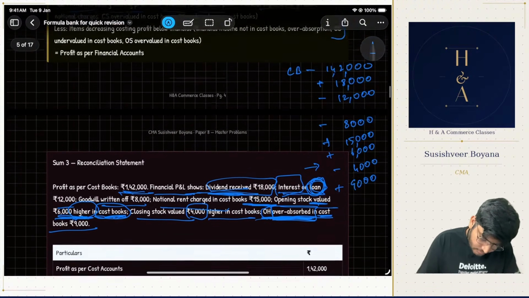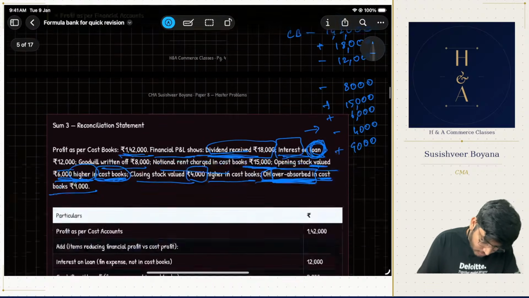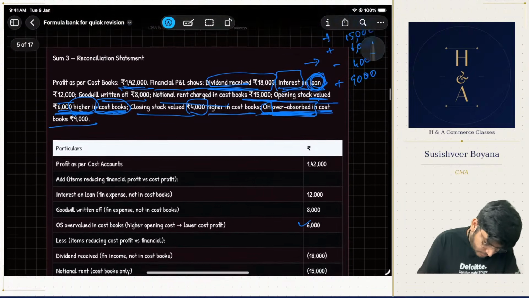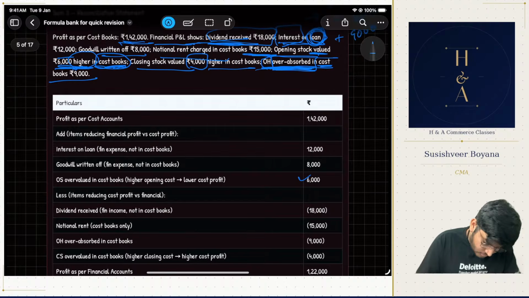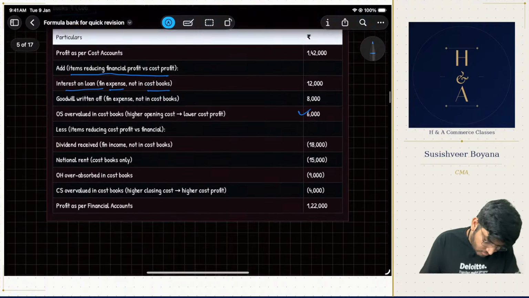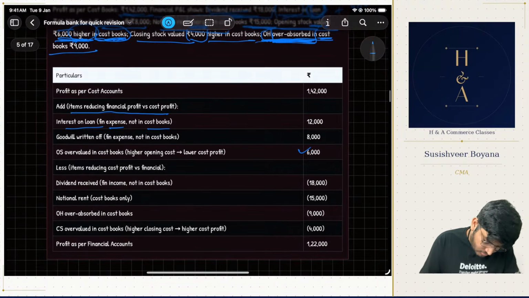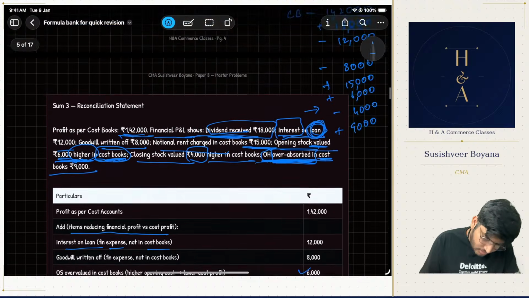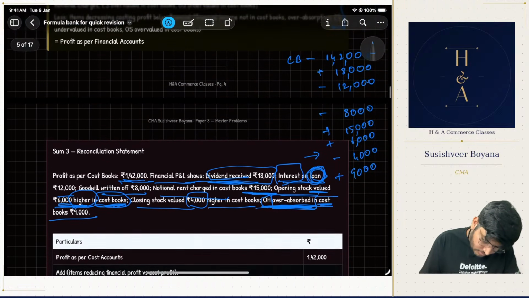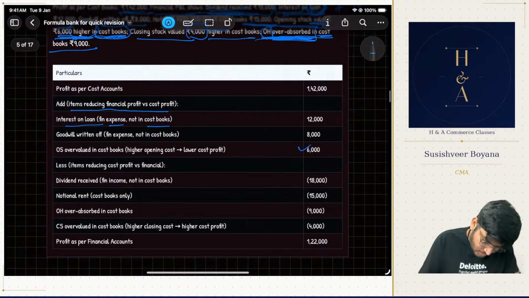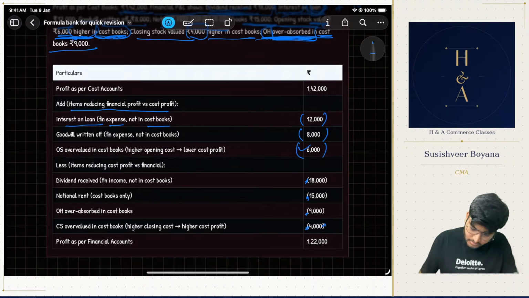Okay. I'm not sure if something is wrong somewhere. Cost books. Items reducing profit. Interest on non-financial expense not in cost book. Are the signs all wrong? The signs are all wrong. We calculate 142.